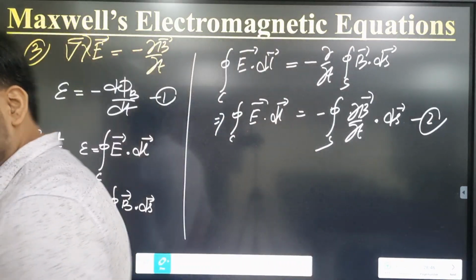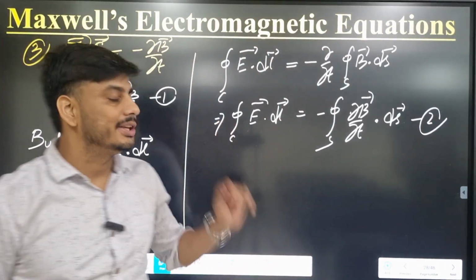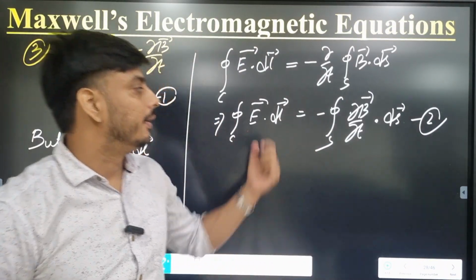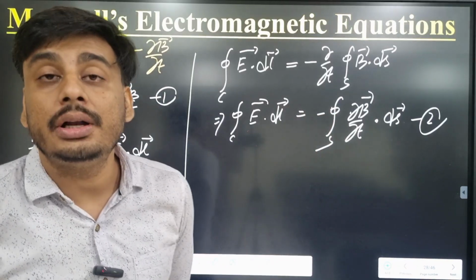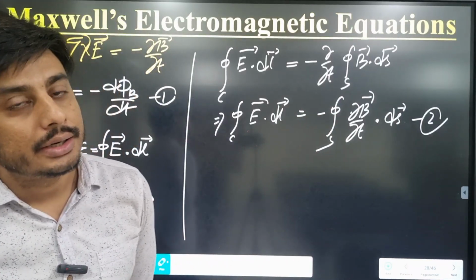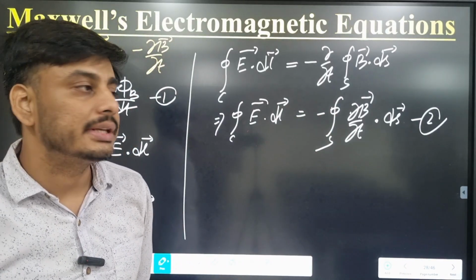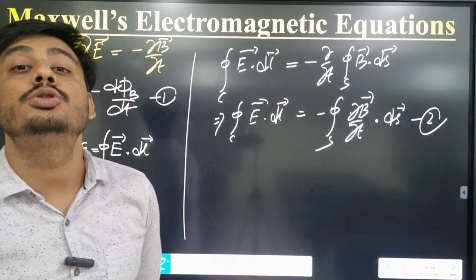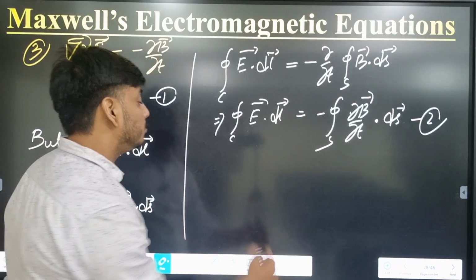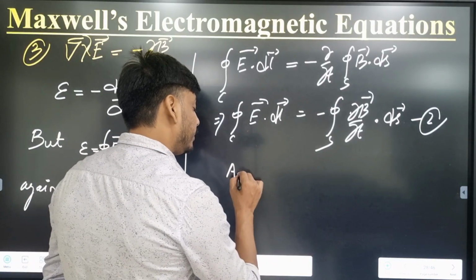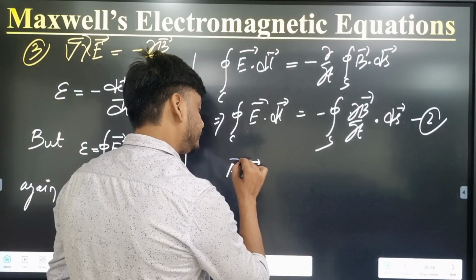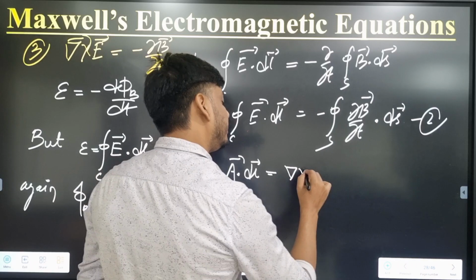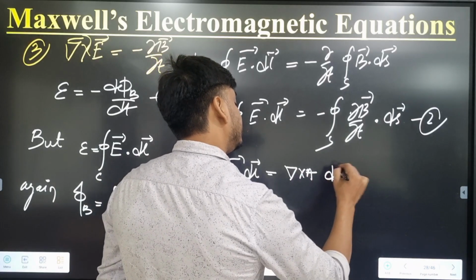On the LHS we have a line integral over C, and on the RHS we have an integral over S. So to convert both sides to either surface or line integrals, we have to use Stokes theorem.